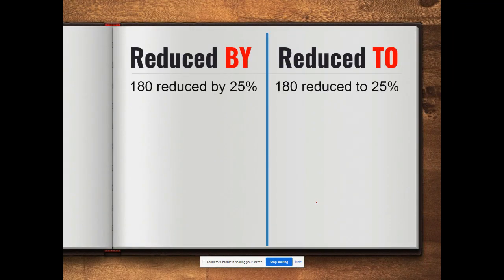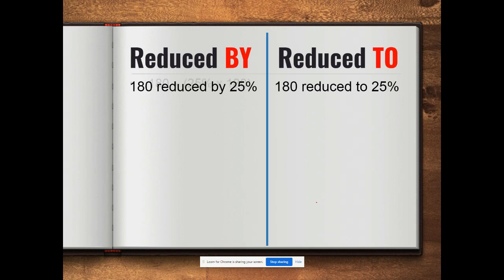Now this was earlier, reduced by and reduced to. We're going to show how they differ, and we're going to show it with the same problem. 180 is reduced by 25%. On the right side, 180 reduced to 25%.